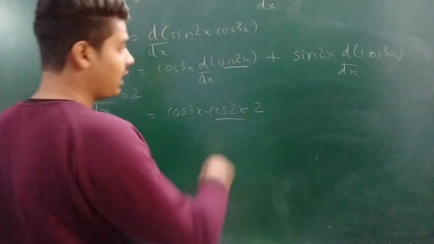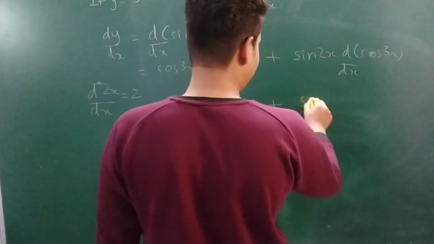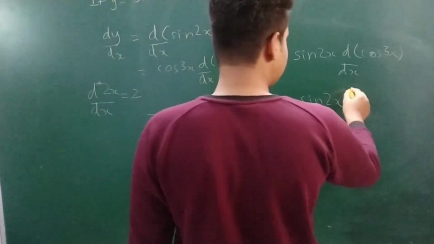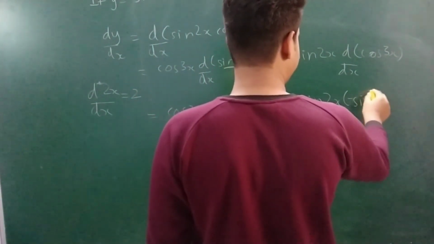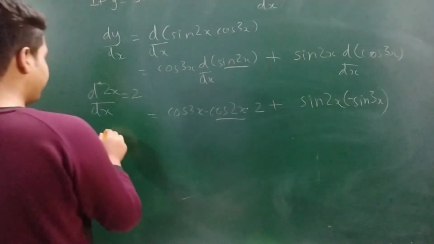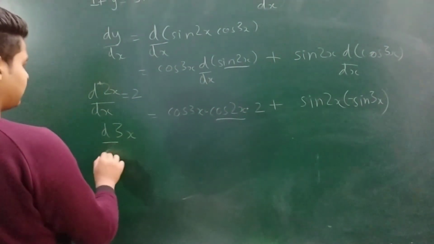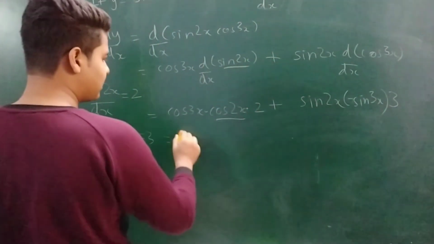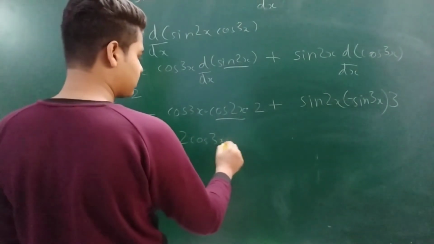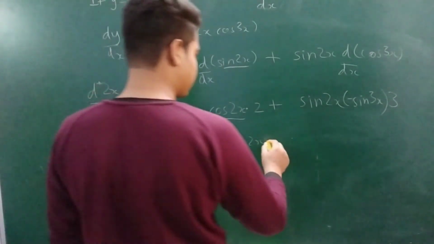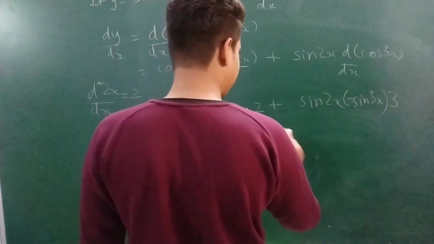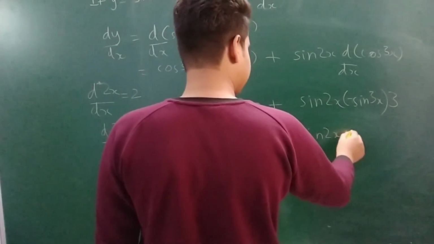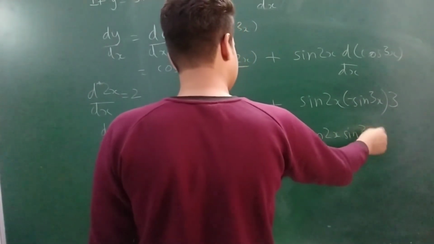And similarly for this one, cos 3x will be differentiated as minus sine 3x, and differentiation will be done for 3x, that is d 3x by dx, that is 3. So the final result will be 2 cos 3x cos 2x minus 3 sine 2x sine 3x.